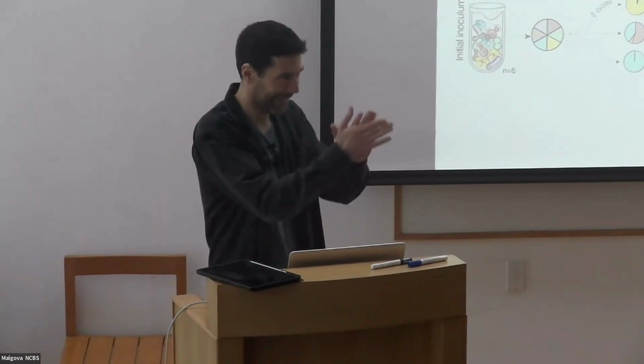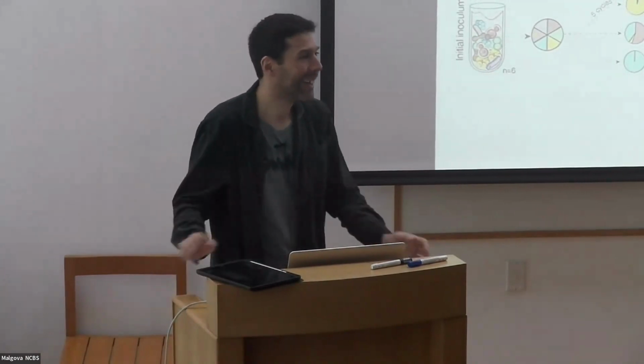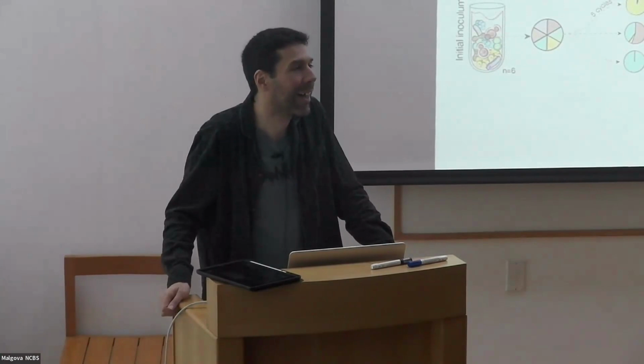In your first set of experiments, stochastic effects can take you from a stable state with multiple species to another stable state with a different number of species. Whereas in this case, where you had stable states with one species, stochastic effects don't take you away from that state.